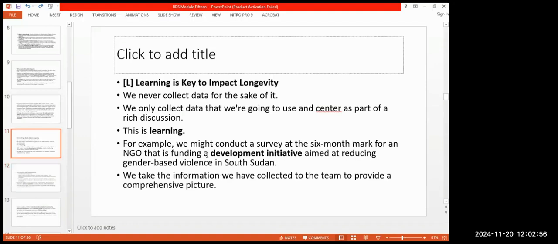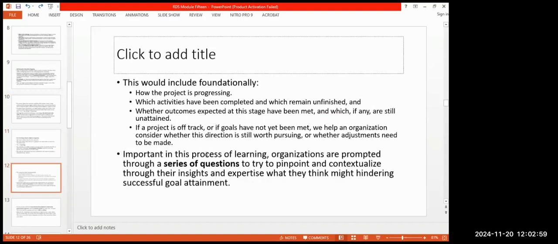And as we choose to learn, this will normally be about how the project is progressing, which initiatives have been completed and which remain unfinished, for example, whether outcomes expected at that stage have been met, or if they are still unattained, and why? So all these questions try to pinpoint and contextualize the insights around the project implementation, and can help in educating or learning for the team by asking questions.